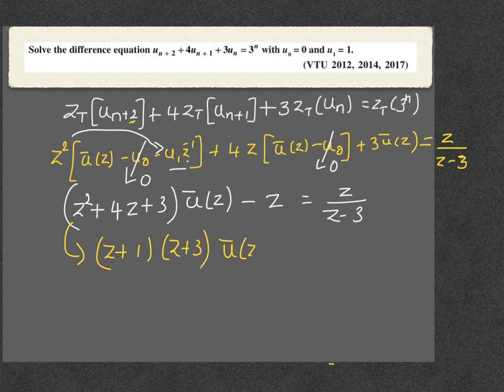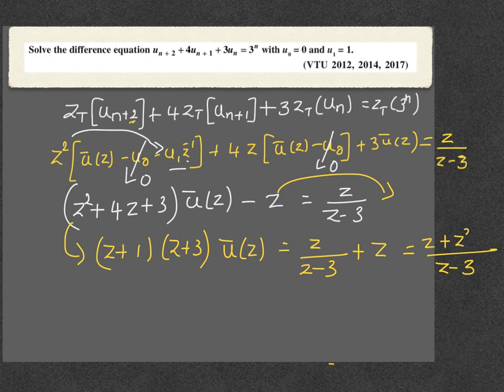And u bar z, and I'll shift this minus z to the right. It is z by z minus 3 plus z. So taking LCM, z minus 3 on the right side, can be written as z plus z square minus 3z.